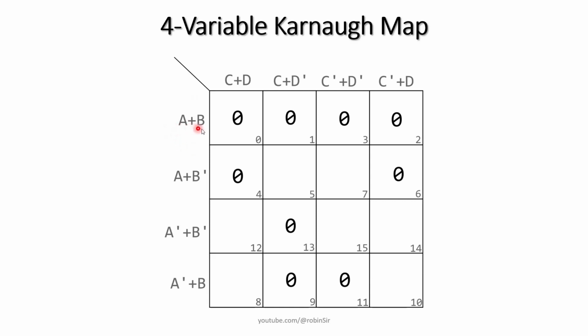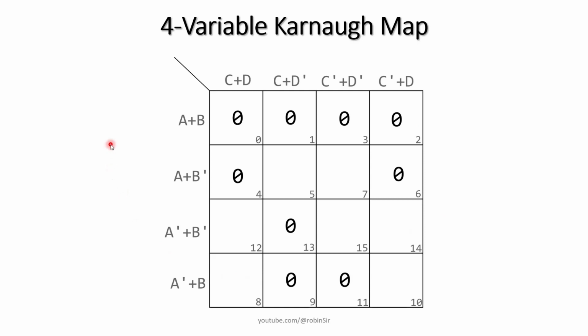So A plus B, this is actually 0 plus 0. A plus B naught, this is actually 0 plus 1. Then this one is 1 comma 1 and then 1 comma 0. So this is how we are going to draw the KMap.